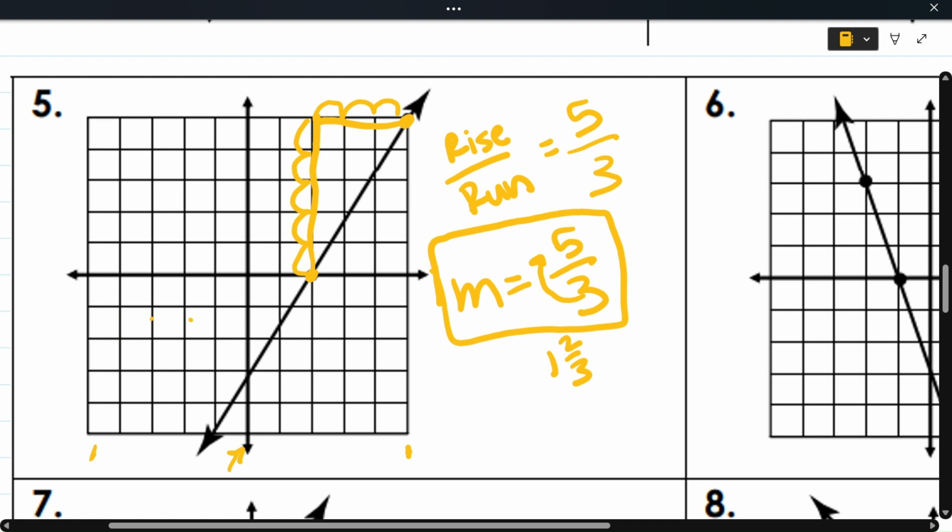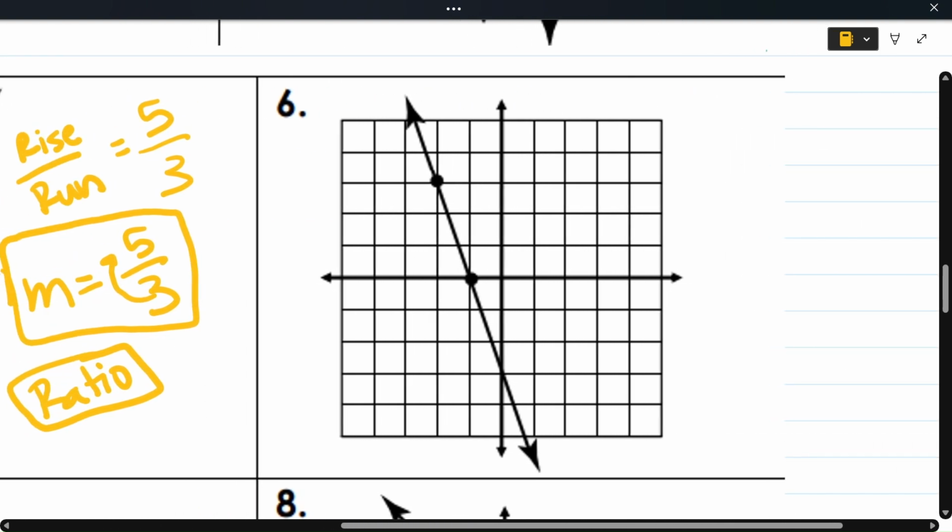It gets so confusing, and it's so much easier to keep it as an improper fraction, because remember, this is a ratio written as a fraction. This is not a fraction that we need to reduce, but it's a ratio first, which is a comparison between two numbers. When we get into mixed numbers, it's not really a comparison of two numbers anymore. It's just saying 1 whole and 2/3, which is not really the same thing.